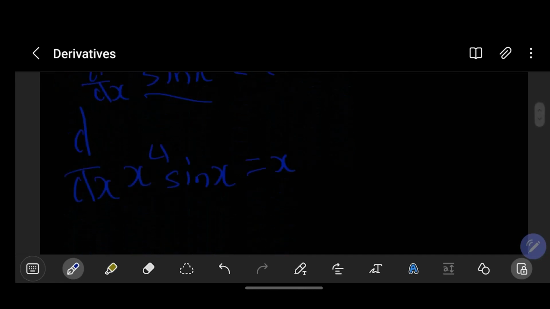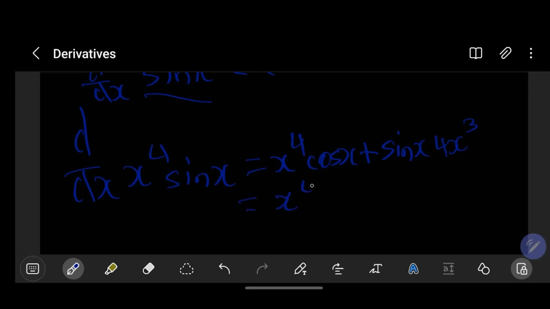So that's x to the 4 cos of x plus sine of x times 4x cubed, that's equal to x to the 4 cos of x plus 4x cubed sine of x. Okay, so that's the product rule.